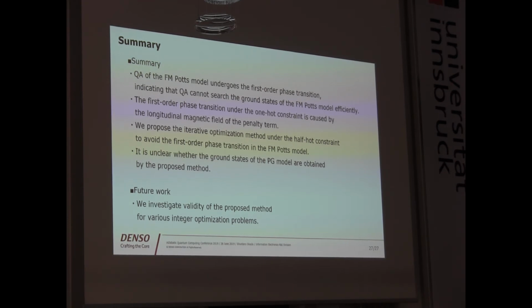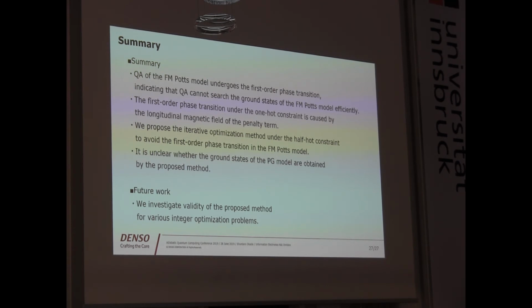Quantum annealing of the ferromagnetic Potts model undergoes the first-order phase transition, indicating quantum annealing cannot solve the ground state search of the ferromagnetic Potts model efficiently. The first-order phase transition under the one-hot constraint is caused by the longitudinal magnetic field of the penalty term.